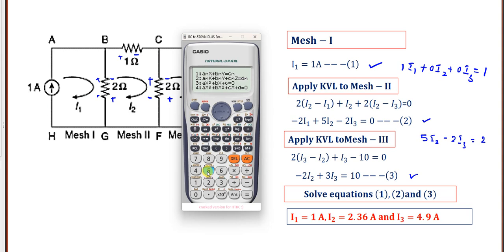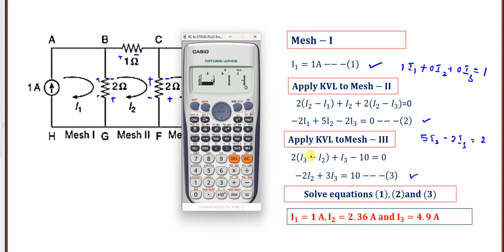Equation number 5, third option, and I will write 1, 0, 0 is equal to 1, then minus 2, plus 5, minus 2. I am entering this equation, three unknown variables I1, I2, I3, is equal to right side also 0.